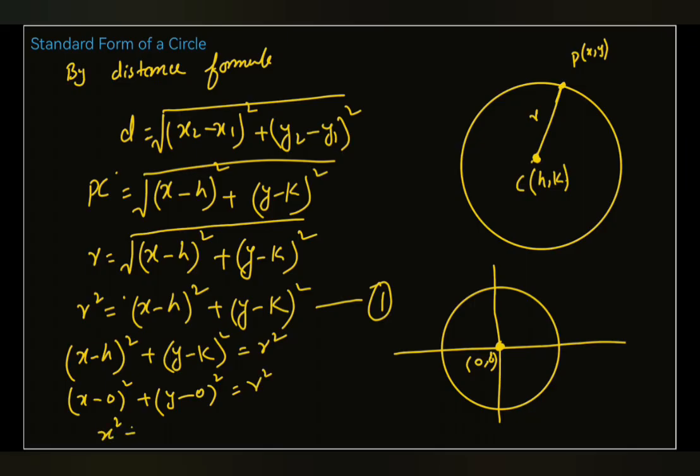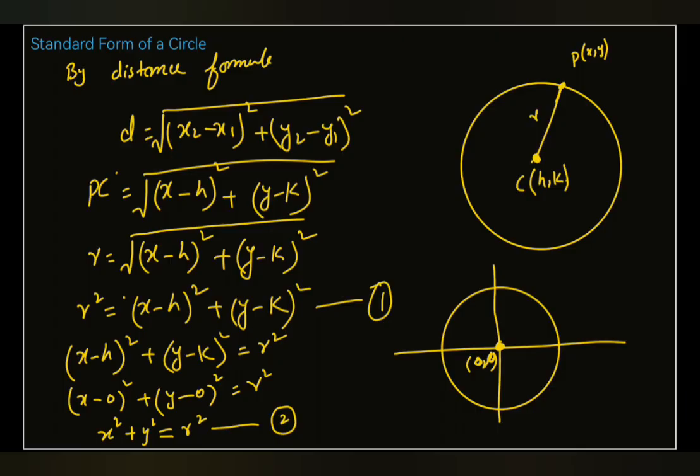So x square plus y square is equal to r square. This equation 2 is the equation of a circle. Which circle? That circle whose center lies on the origin of the plane, which is the point (0, 0). So the equation x square plus y square equals r square is a special type of circle that lies on the origin only.